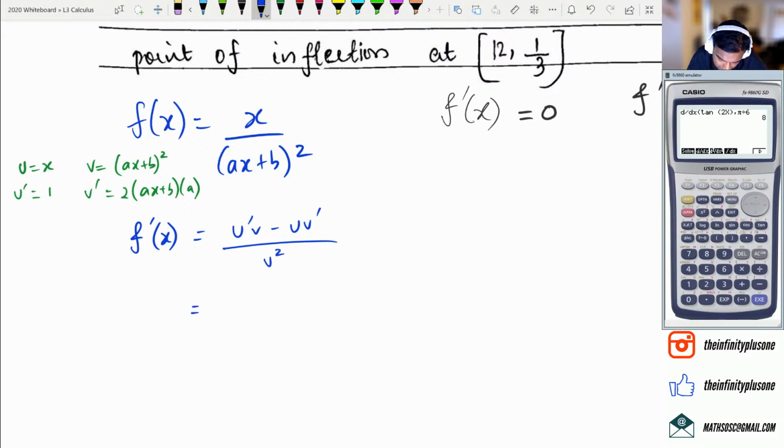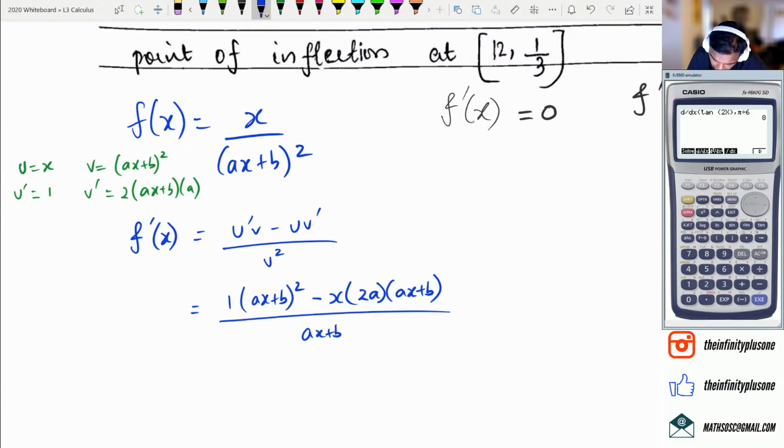So I'm going to get u dash, which is 1, times v, which is (ax plus b) squared, minus x multiplied by 2a times (ax plus b), and the whole thing is now divided by ((ax plus b) squared) squared.